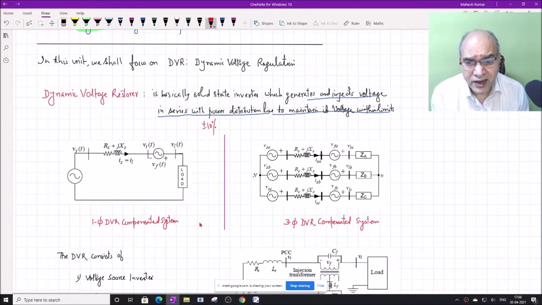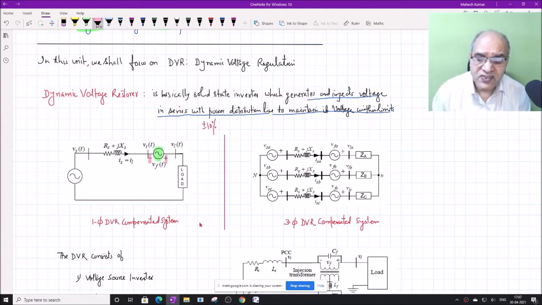Now see the diagram below here, how this is connected and what is the meaning of this. In a very broad sense, the DVR can be represented by a voltage source, because it injects the voltage. So I have taken the polarity minus here and plus here.